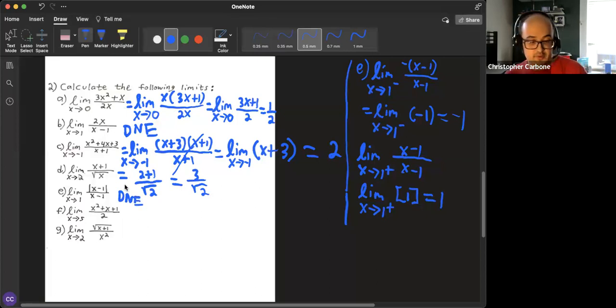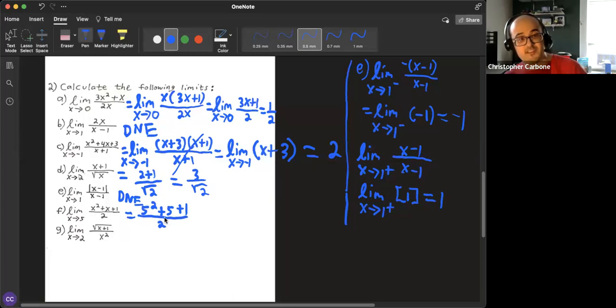For my sixth one, limit as x approaches 5 of x squared plus x plus 1 all divided by 2. Even though we can factor that numerator, that's not going to cancel anything, and there's nothing really stopping it from taking a value of 5. So we can plug 5 directly in there. This makes 5 squared plus 5 plus 1, all divided by 2.